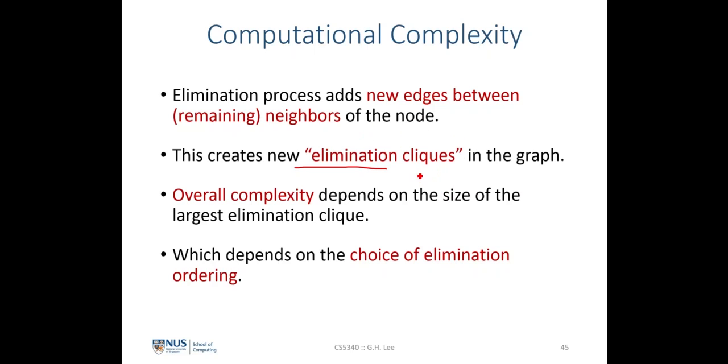Suppose that we are eliminating away a node xi, for example, so this will be the message mi. And if this remaining message consists of many random variables inside here, or it happens that it introduces a lot of links between a lot of these random variables, then this elimination clique is going to be large.